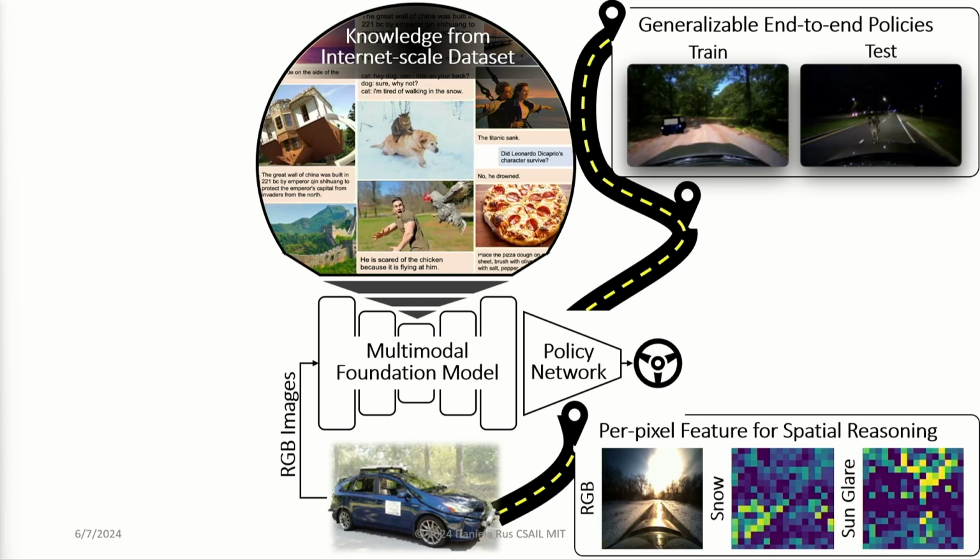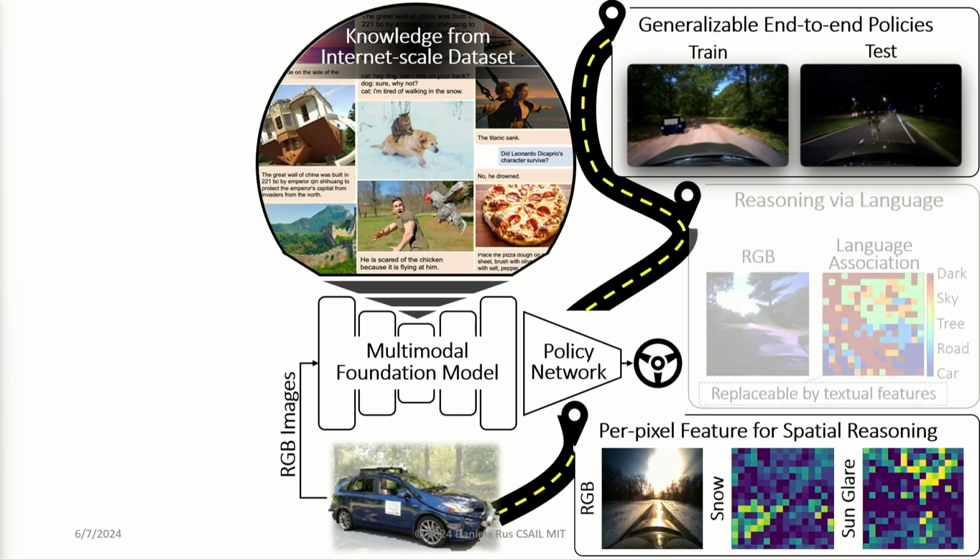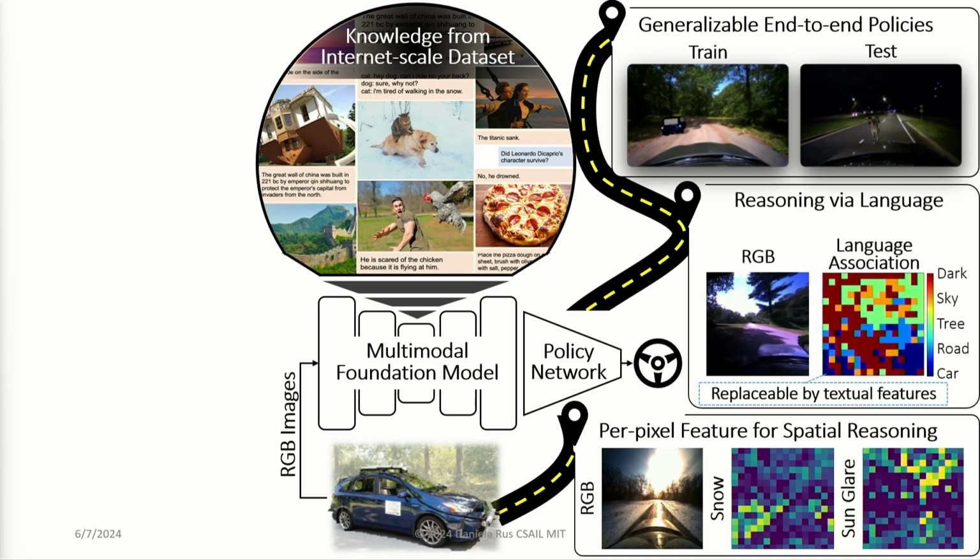We can reason in the language space and we can reason in the visual space, and we can move back and forth between these representations. And the end result is that we end up with systems that allow us to reason about camera input streams using language. And this allows us to generalize the car response to new situations that the car hasn't encountered before in simulation or in the real world.